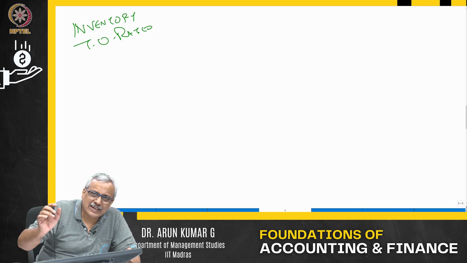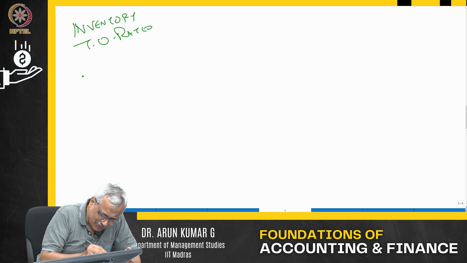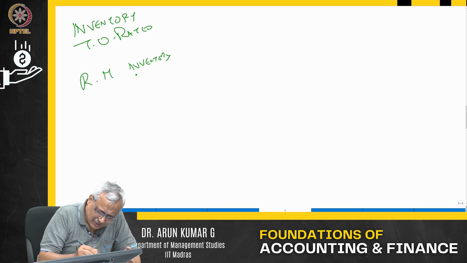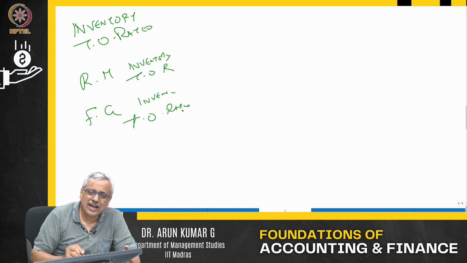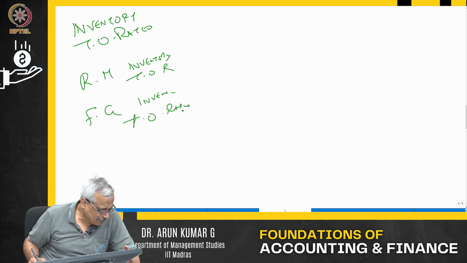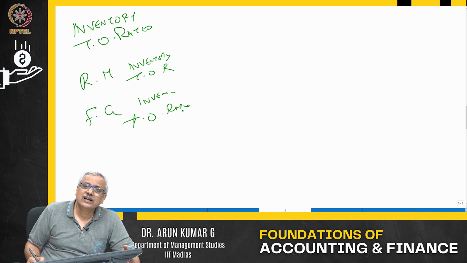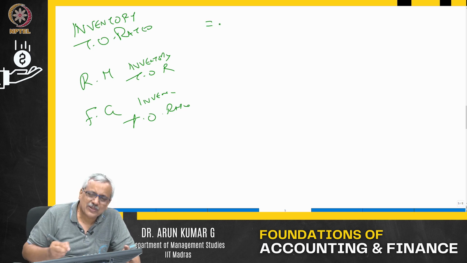Now, I can do the inventory turnover ratio in general, or I can do the raw material inventory turnover ratio, or I can do the finished goods inventory turnover ratio, whatever it is. I am keeping it general in this particular case. What is my inventory turnover ratio?